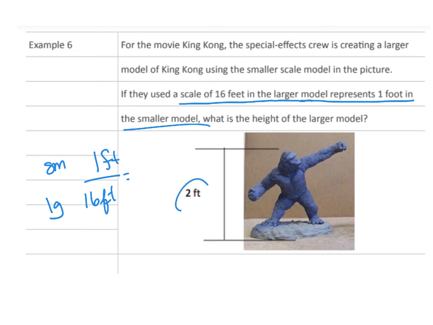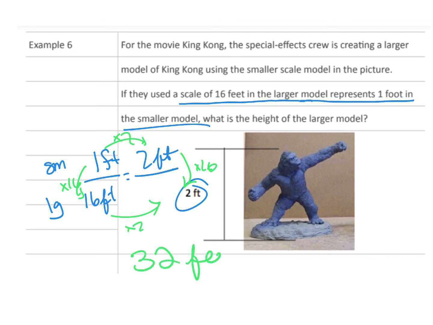So if we look at our picture now, our model is 2 feet high. So again, I can do this way. I can multiply by 16 going this way, or I can multiply by 2 going this way. Either way, I'm going to come up with 32 feet. So the height of the larger model is 32 feet.